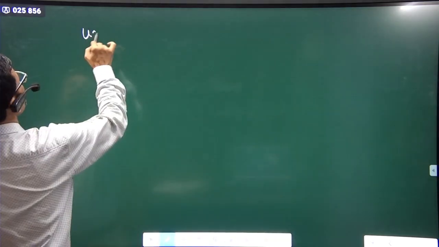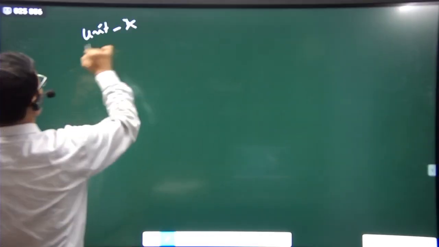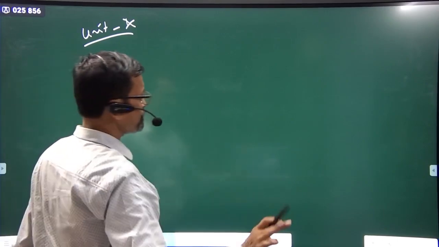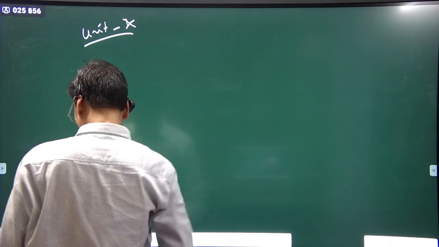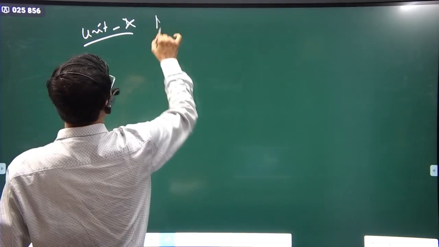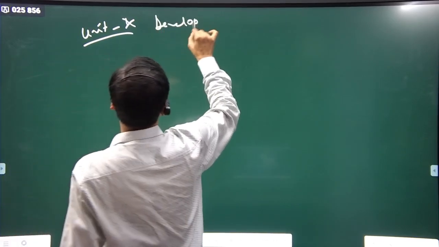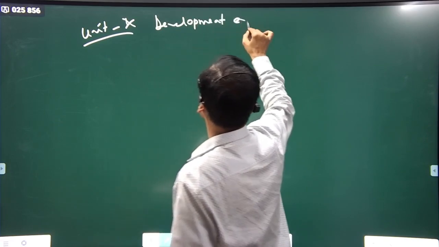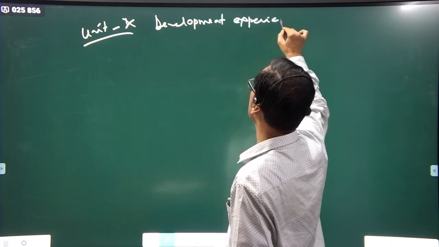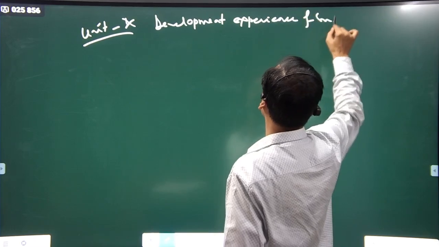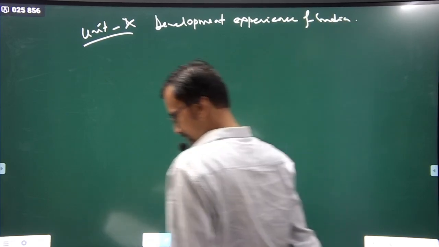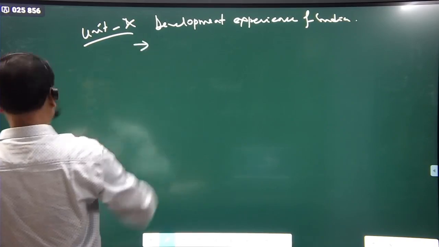So next, last unit 10. This is 10 units required. Development experience of India. Here there are sub-headings also.